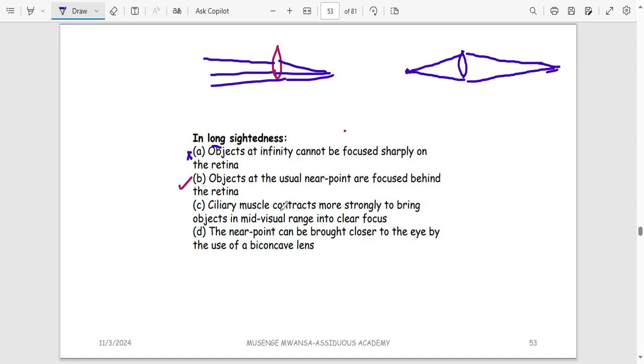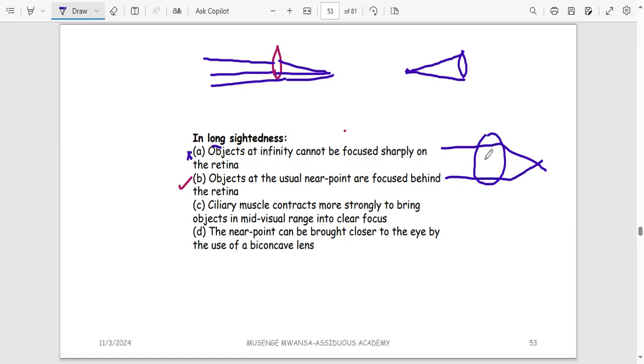And then for C, ciliary muscle contracts more strongly to bring objects in mid visual range into clear focus. So in this problem, in long-sightedness, you are not seeing what is near. So what should happen? You need to focus the object on the retina instead of behind the retina. And what you should be able to do is make the lens more curved, meaning it can now bend your rays all the more.